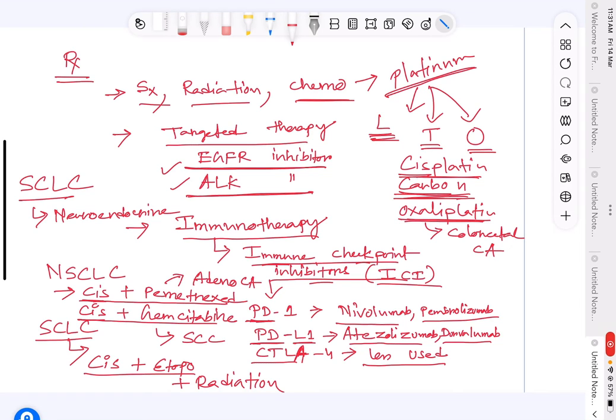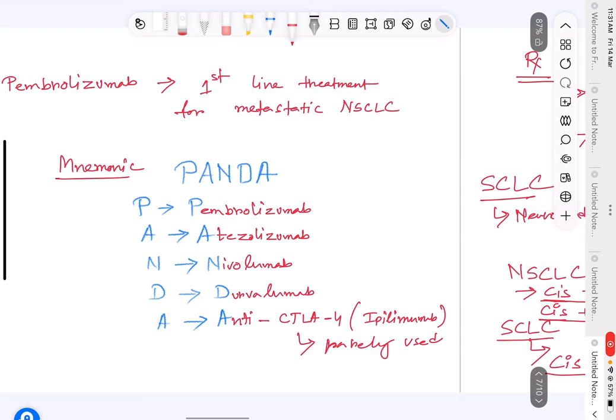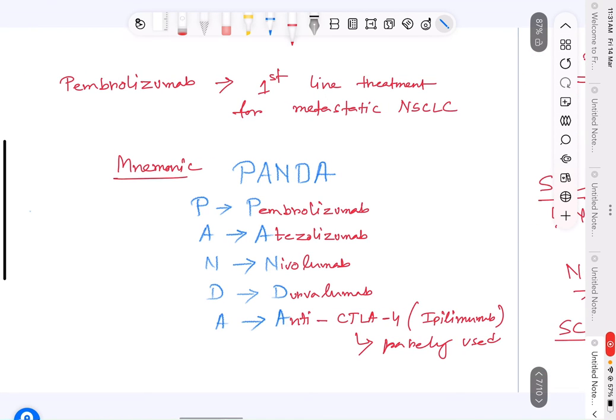Okay, so PD1, PDL1, and CTLA4. CTLA4 inhibitor is ipilimumab. This is the mnemonic, and now you will remember them. Panda kills lung cancer. These are the drugs which are immunotherapy. Immune checkpoint inhibitors. Three categories: PD1 inhibitors, PDL1, and CTLA4. What is Panda? P for pembrolizumab, the most commonly used drug.